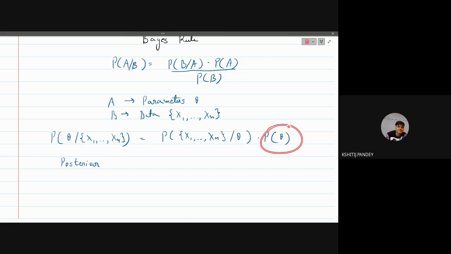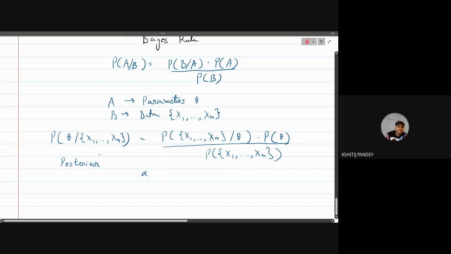And this is your prior. And this entire thing is divided by the probability of this data. Well, this thing does not depend on theta, so we can remove the denominator.